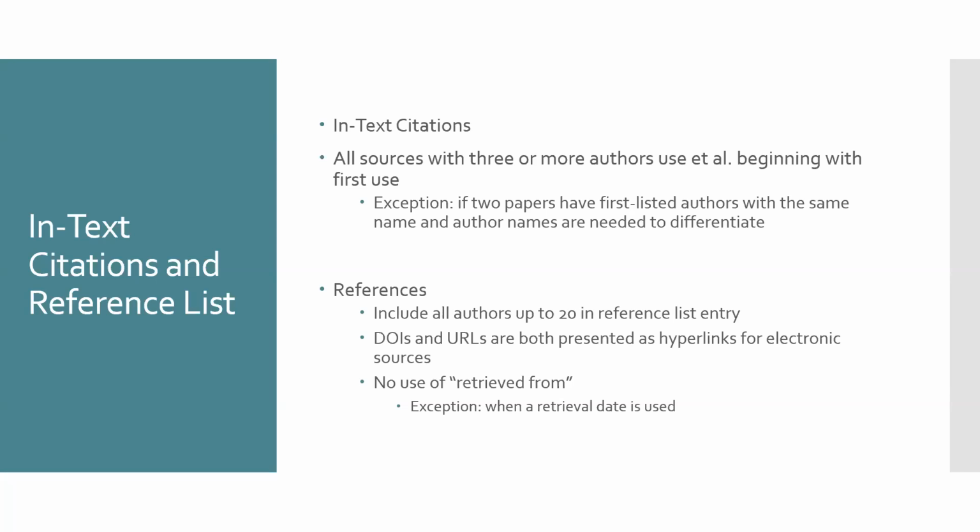So if it was something like Smith and Rodrigo and whatever, I'm not good at coming up with last names, and you've got 3 or more people, you're always going to say Smith et al. 2012, Rodrigo et al. 2014, something like that, right?